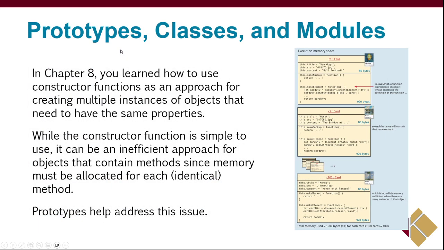Alright, prototypes, classes, and modules. So, I want you to think back a couple of weeks. A couple of weeks ago, you used a constructor function to make multiples of a thing, right?